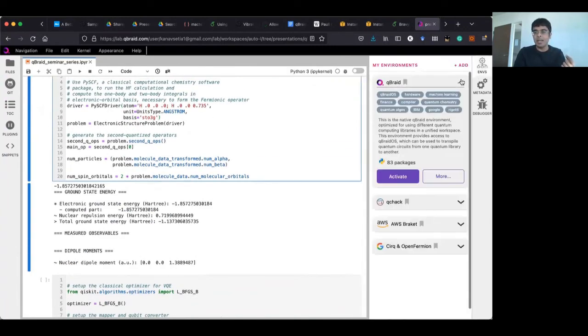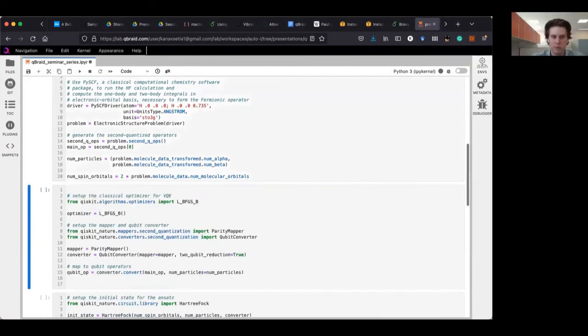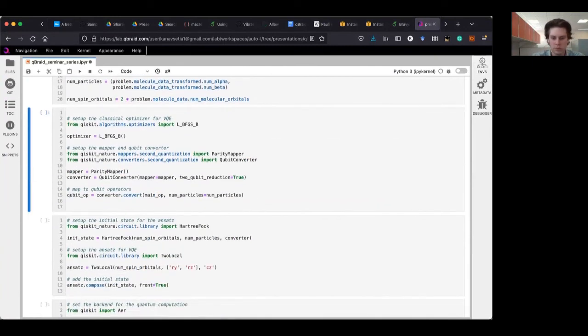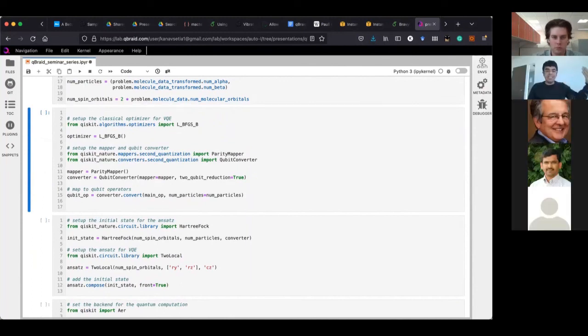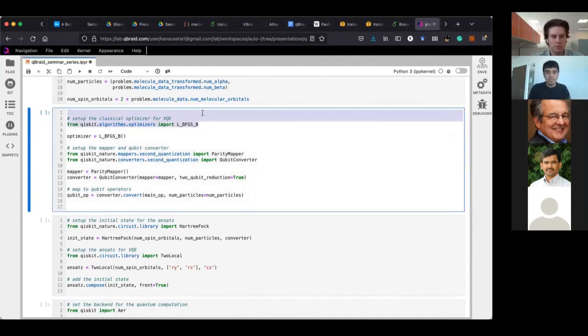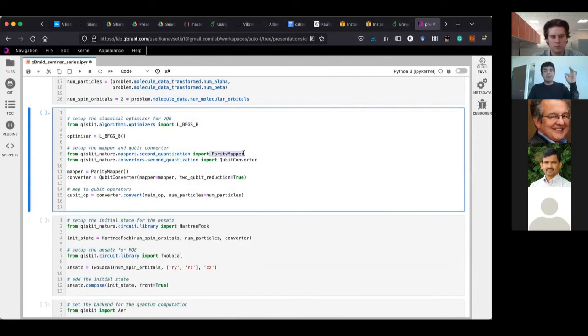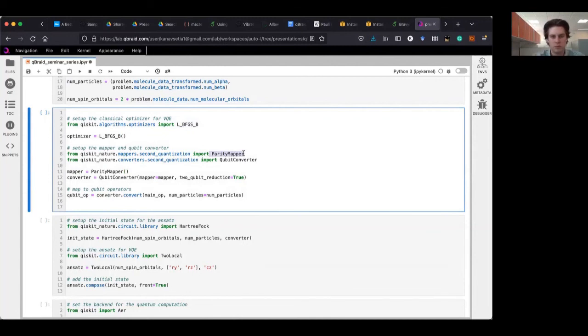So let me activate my qBraid environment. And you can just press Shift Enter. This part runs. And then, as I mentioned, in VQE you need a classical optimizer, a classical algorithm, which tells you how to update your parameters for getting the lowest energy. So this is where I import a classical optimizer, and I import the parity mapper, which is a way to map from your fermionic Hamiltonian to qubits.